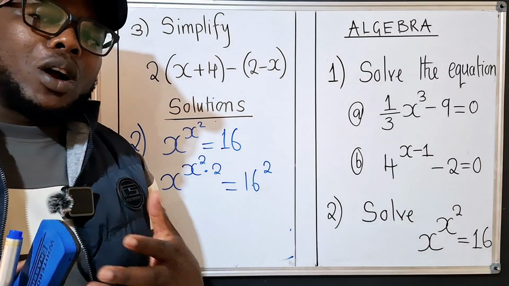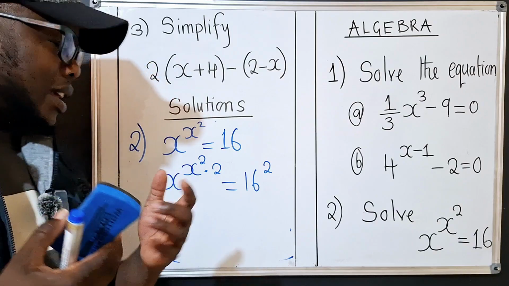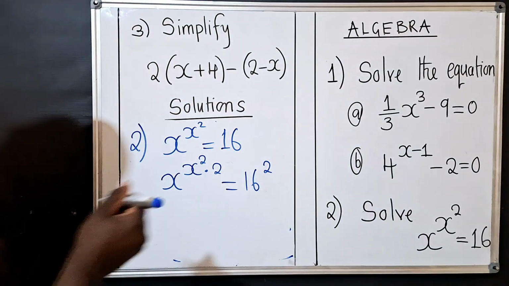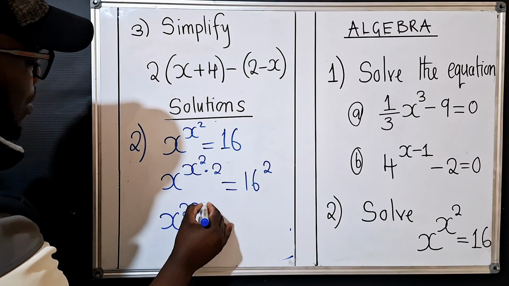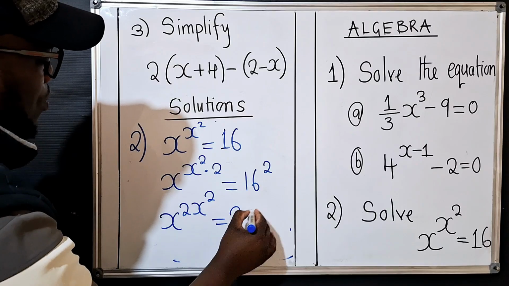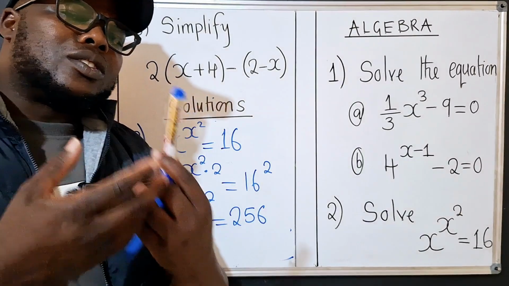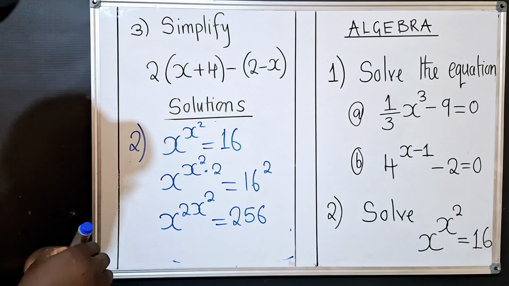So remember, what you do to the left-hand side of the equation must also be done to the right-hand side. So I've raised to power 2 here, even here power 2. So this will be like this, x power 2, x power 2 equal to 256. So when you say 16 power 2, it's going to give us 256.